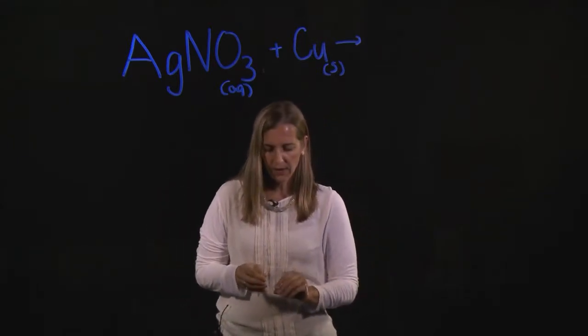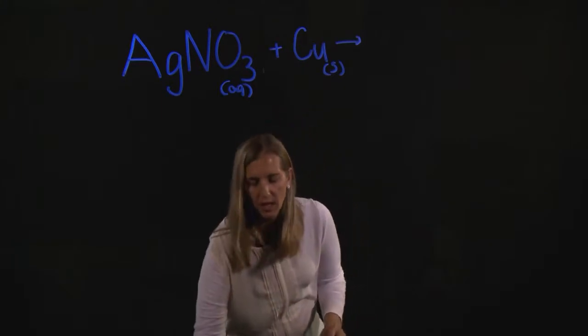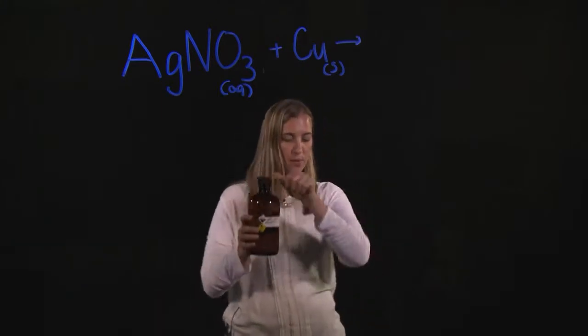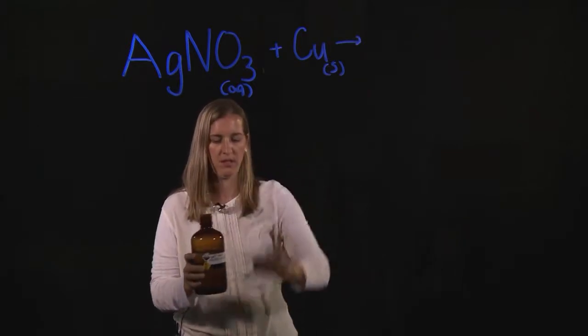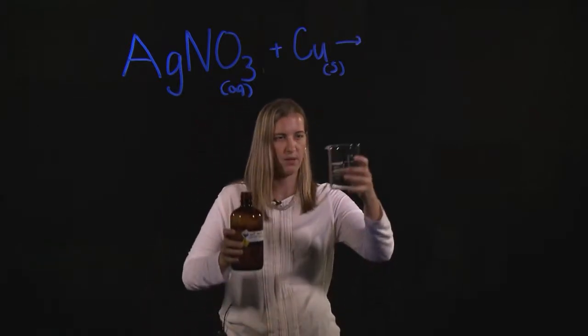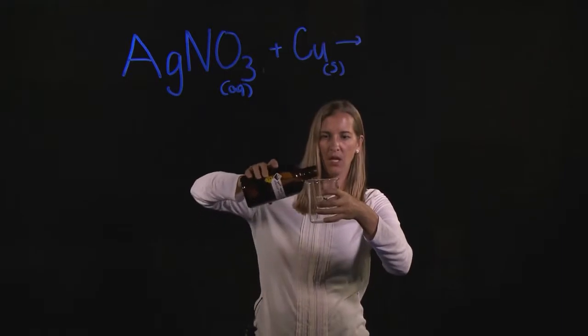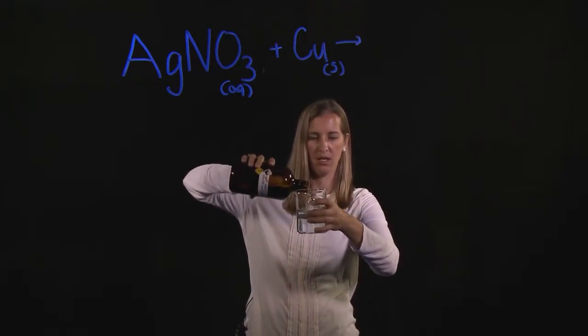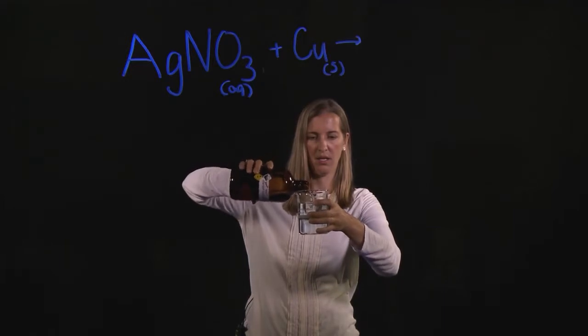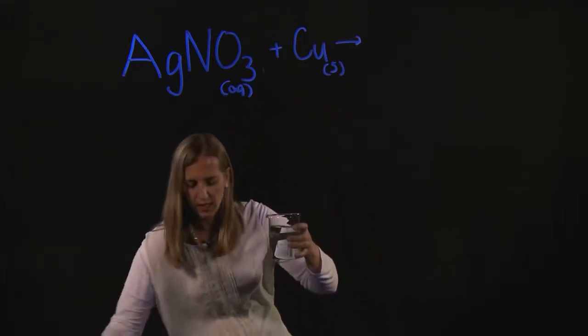And we also then have a solution of silver nitrate. So I'm going to pour the silver nitrate into the beaker. Here we just have a plain beaker. Our silver nitrate here.